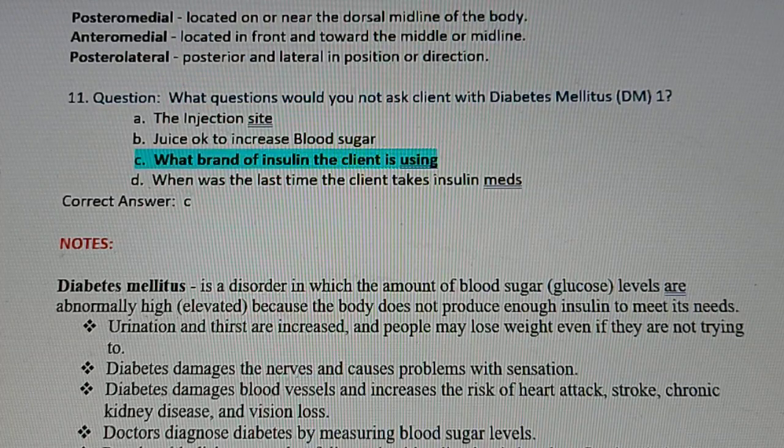The correct answer is letter C. You wouldn't ask the client what brand of insulin the client is using. In the questioning, you should be very cautious about what is asked. If it says you do not ask, you should be careful about understanding the question in your exams.